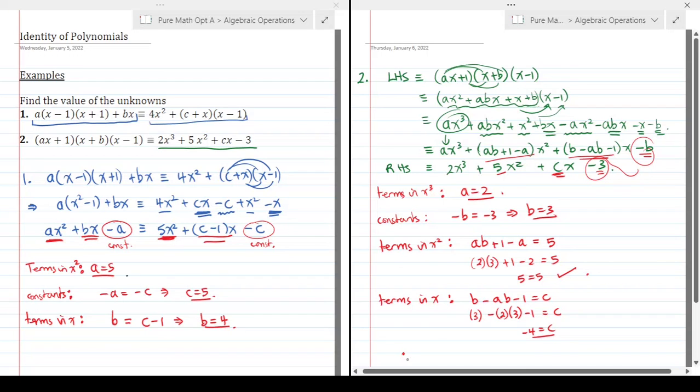Therefore my final answer here is that a is equal to 2, b is equal to 3, and c is equal to negative 4. So that is how you handle those identical polynomials, and the method for finding those unknown constants or unknown values inside the identity itself.